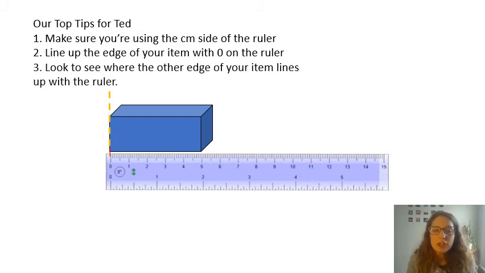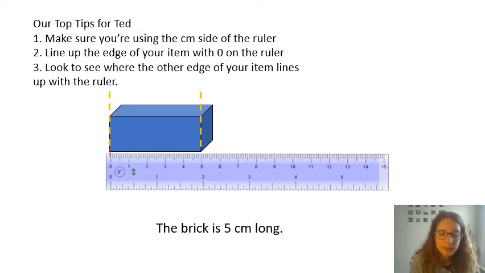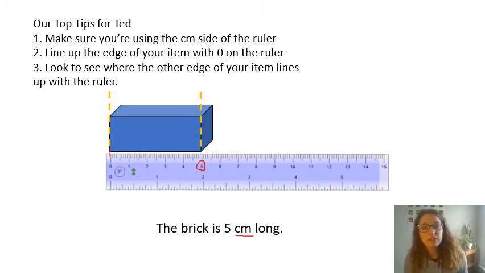Then you need to look and see where the other edge of your item lines up with the ruler. So his brick is 5 centimetres because we can see 1, 2, 3, 4, 5. It is important we put the unit of measure, because 5 centimetres is very different to 5 metres or 5 millimetres. So it is important you are using your unit of measure this week.